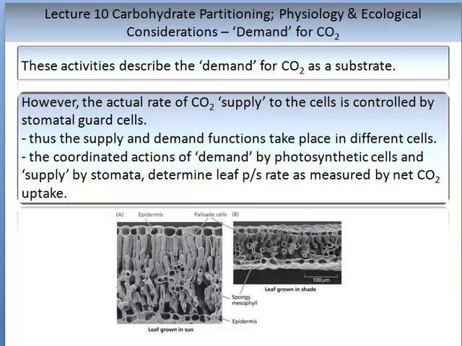These activities describe the demand for carbon dioxide as a substrate. However, the actual rate of carbon dioxide supply to the cell is controlled by the stomatal guard cells. Thus, the supply and demand functions take place in different cells. The coordinated actions of demand by photosynthetic cells and supply by stomata determine the leaf's photosynthetic rates as measured by the net carbon dioxide intake.